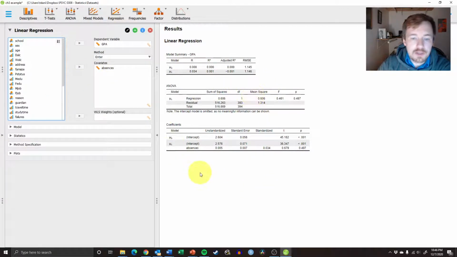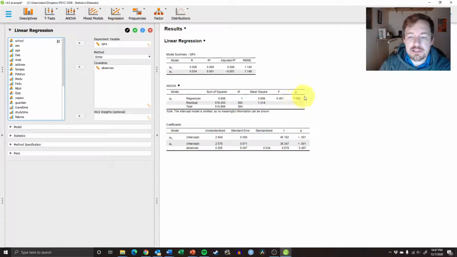And so what you're looking at here, let's start with the ANOVA section right here. So the ANOVA section right here, this is assuming the model. So the model, basically the whole, like y equals a plus bx, right? So whereas the b there is going to be the slope that is contributed by absences.